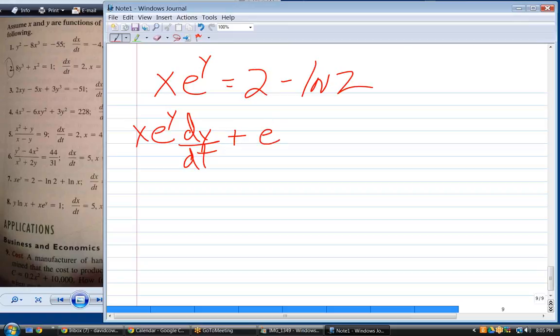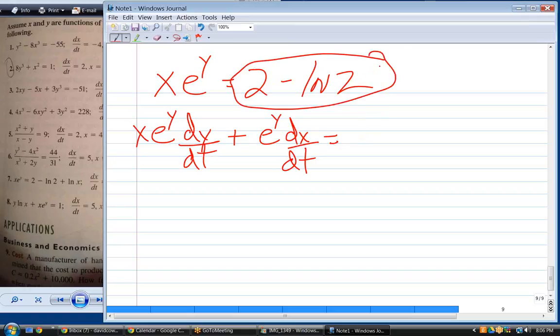And e to the y times dx dt. And then the 2. Well, differentiate it. Okay, so what's the derivative of that?